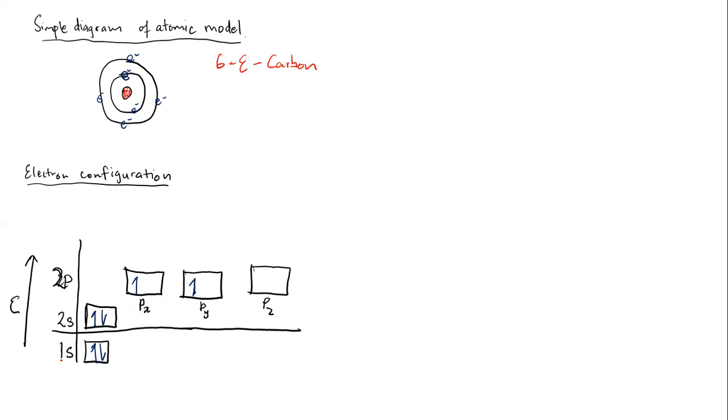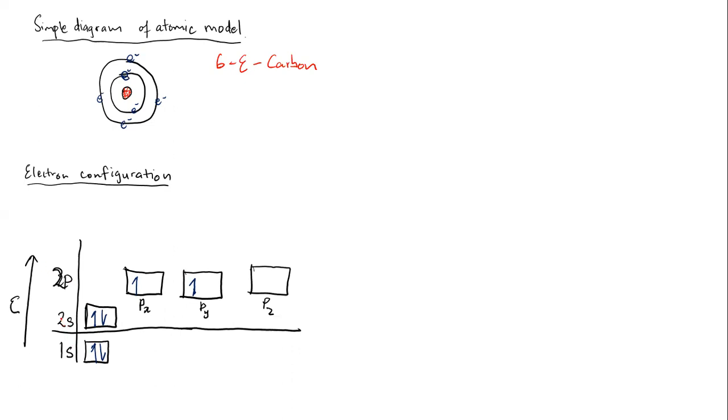Now, the first energy level is called the s orbital. The first energy level has only one sub-energy level, which is the s orbital. The s orbital can take a maximum of 2 electrons, which is definitely full. Therefore, we jump to the second energy level.